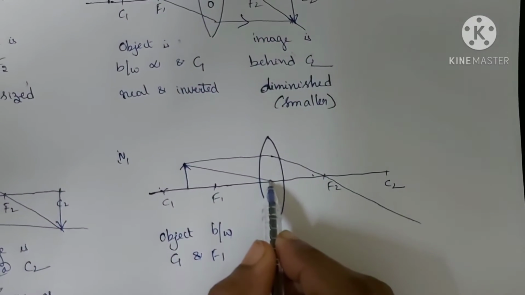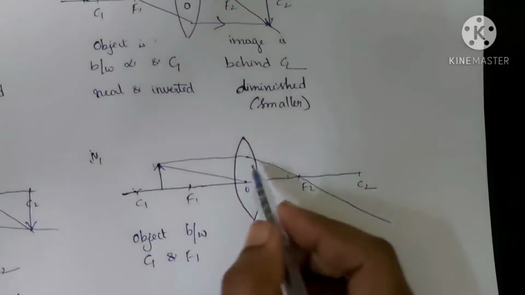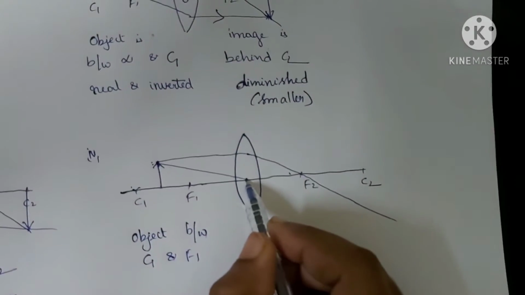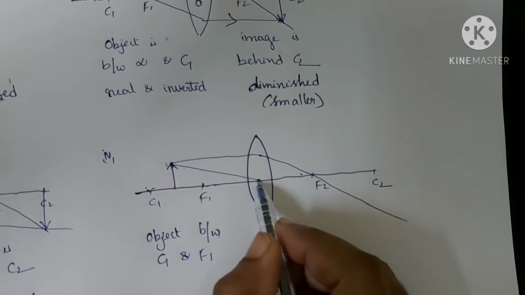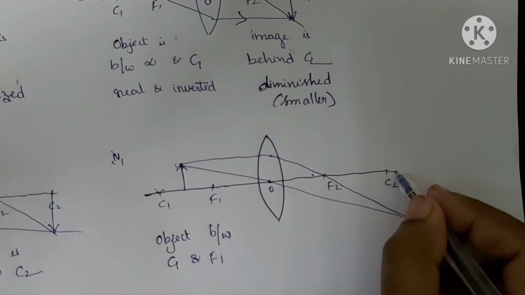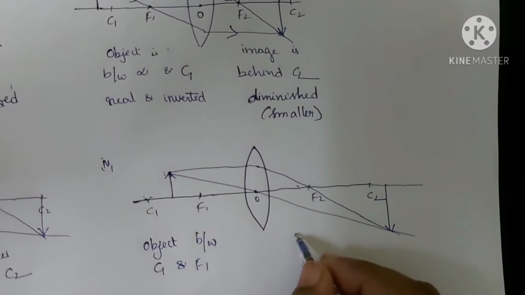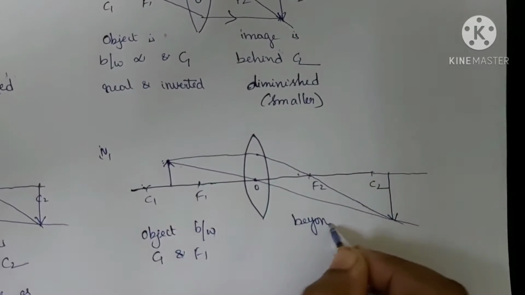The ray passing through the optical center has no change. The image is formed beyond C2.